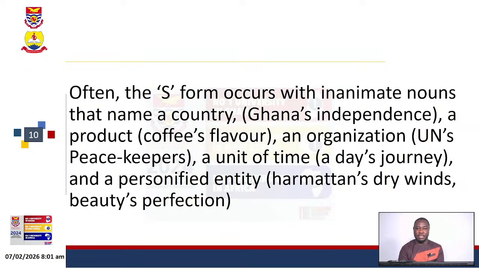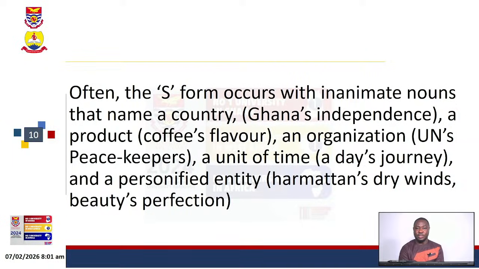If the inanimate noun is a product, you can comfortably restore your apostrophe sign and the S. If it is an organization, company, establishment, or an institution, you can also comfortably use your apostrophe plus the S. So the UN's peacekeepers.